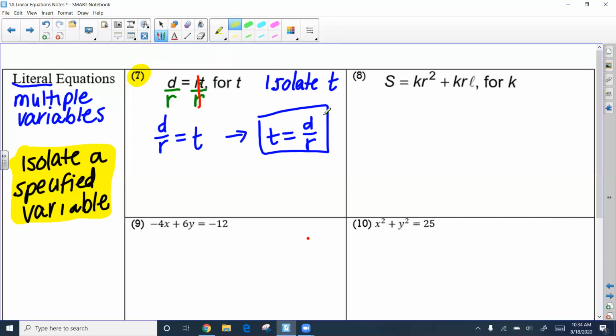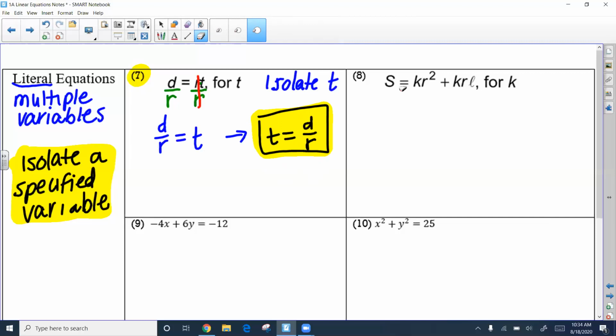This is just the more common way to write it. Okay, so that's all we're trying to do on a literal equation. If there's not numbers and we can't solve for x, notice our answer isn't a number like x equals 3. Our answer is an equation that's in a different form. T equals D over R.